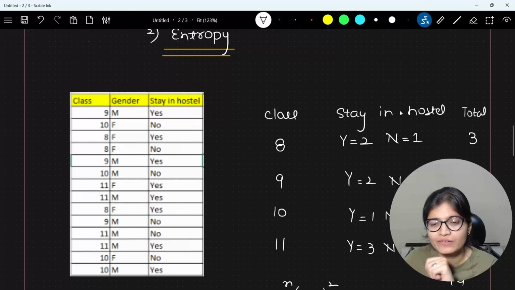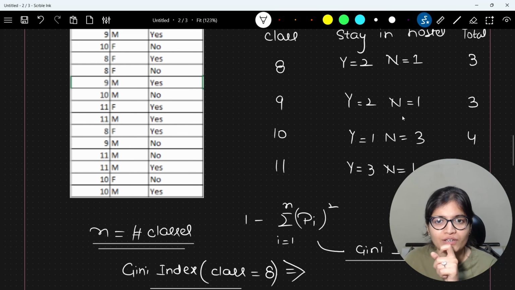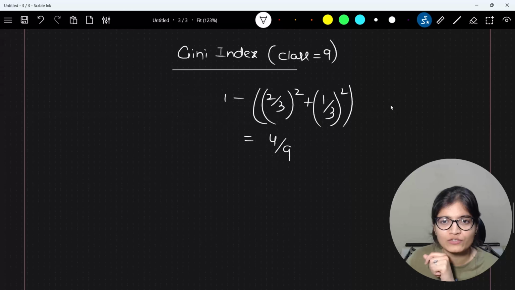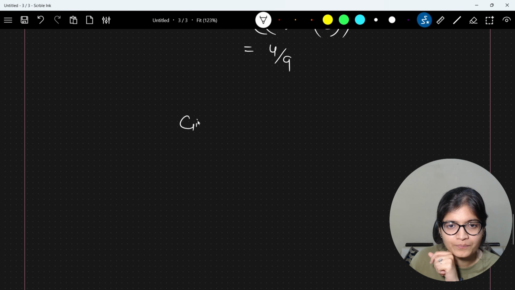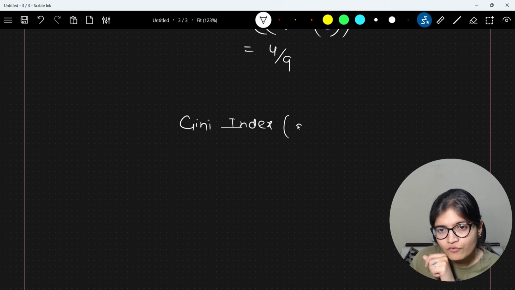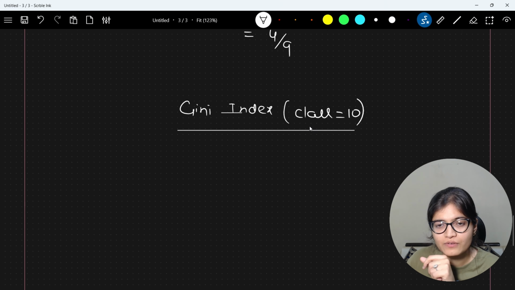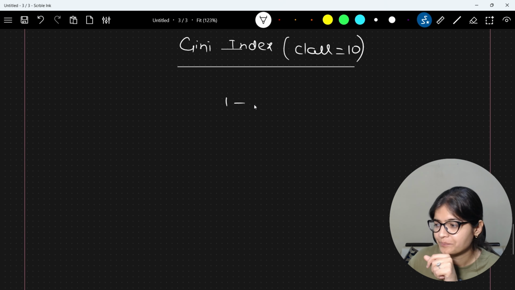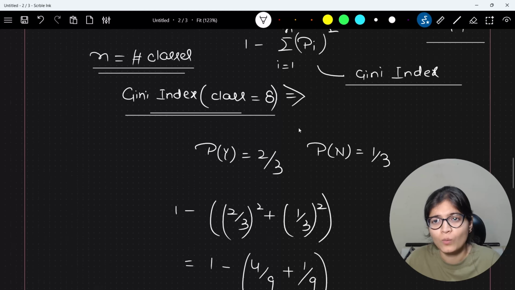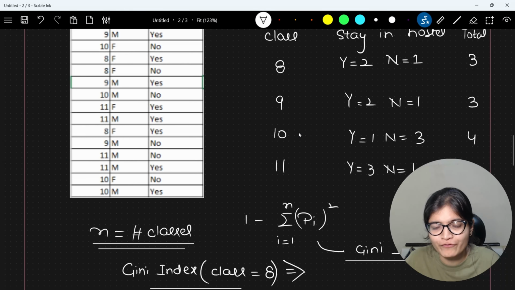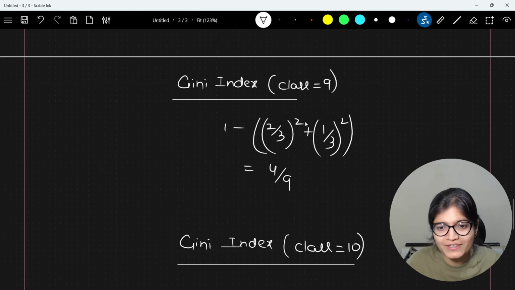Similarly, what is the Gini index for the class equal to 10? Again, we compute 1 minus, what is the value for yes? 1 by 4. What is the value for no? It will be 3 by 4.